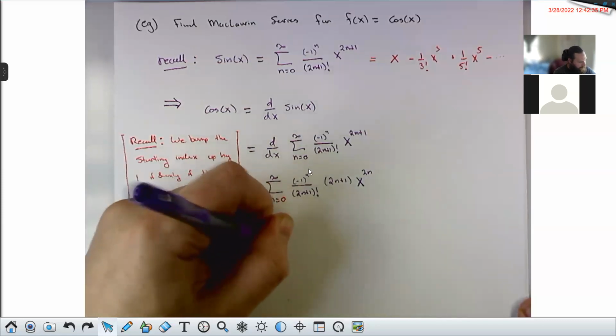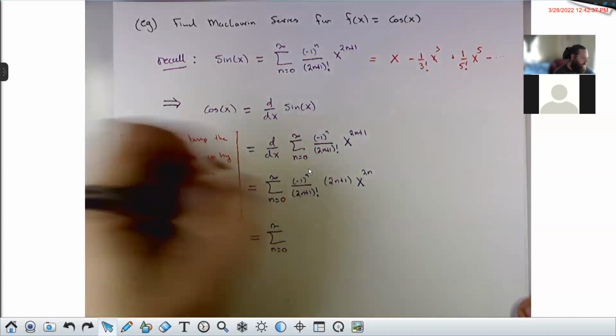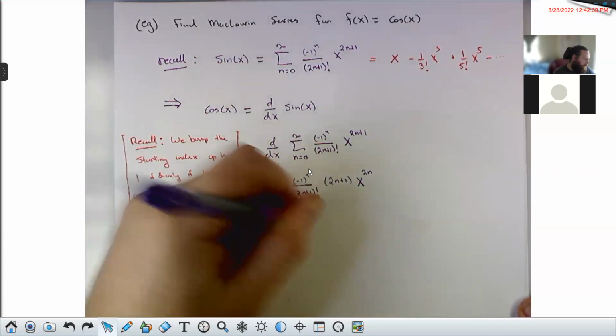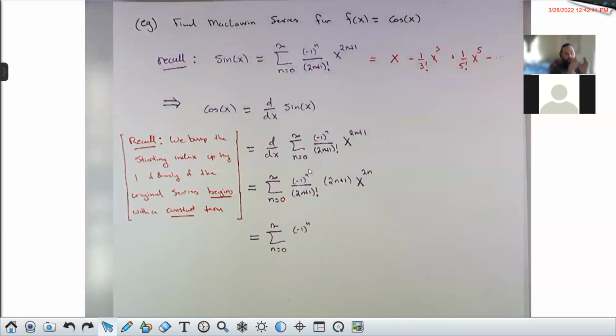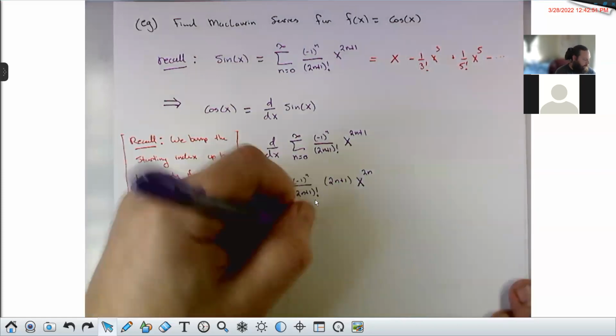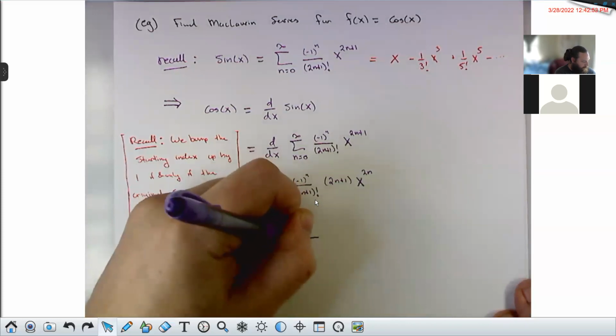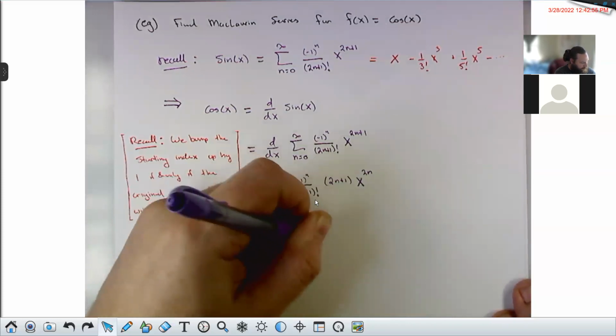I will leave that as an exercise to you, as we are out of time. 2n plus 1 factorial is 2n plus 1 times 2n minus 1 times and so on down to 1. When you cancel the 2n plus 1 up here with the very first term of the factorial here, what's left is 2n factorial.